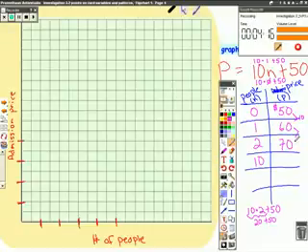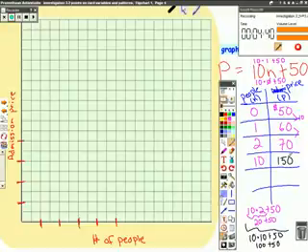Now, what happens when I get to 10 people? That's a big jump. So that's 10 times 10 plus 50. So that's 100 plus 50. So that's 150. I'm not going to try to find a pattern for that because that's just a big jump.